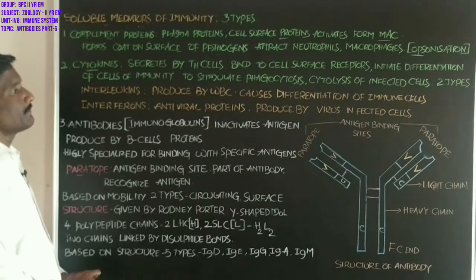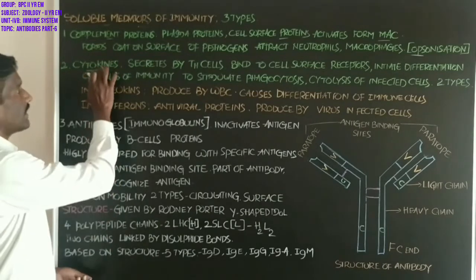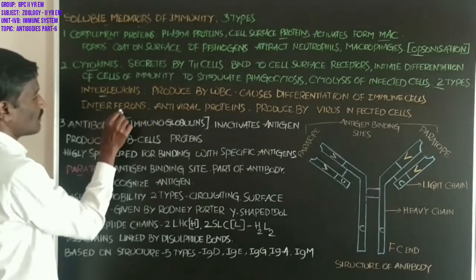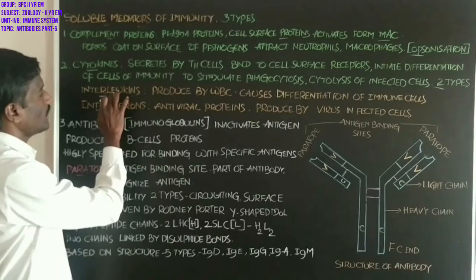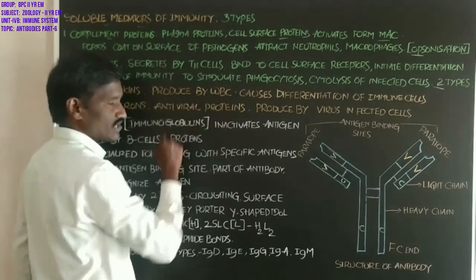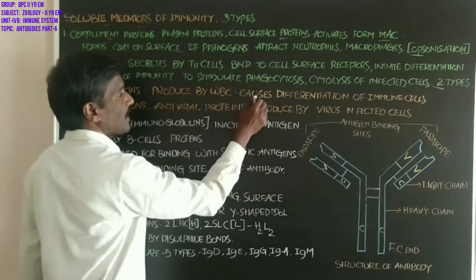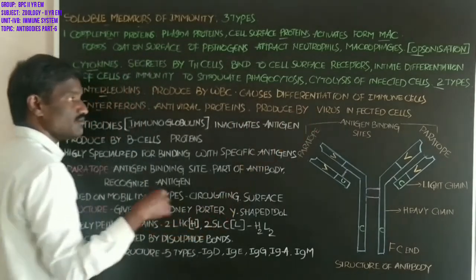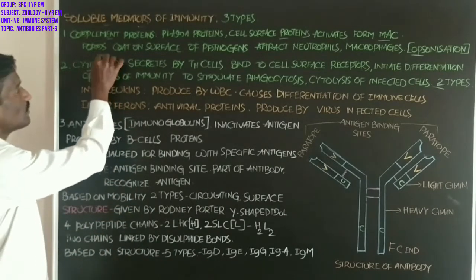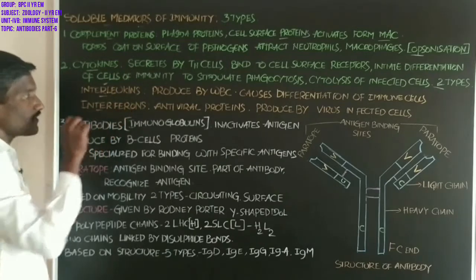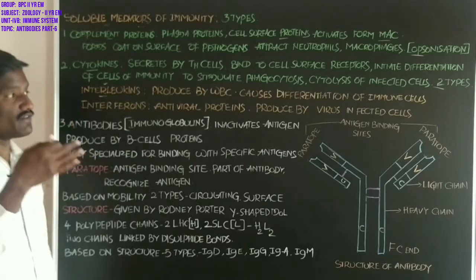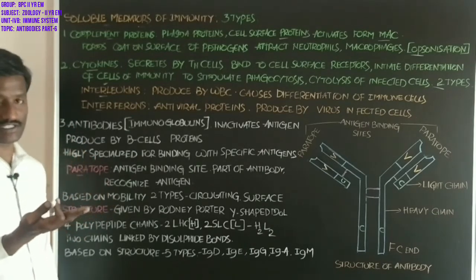These cytokines are available in two types. One is interleukins, the second is interferons. Interleukins are produced by leukocytes, white blood cells, and cause differentiation of the immune cells.